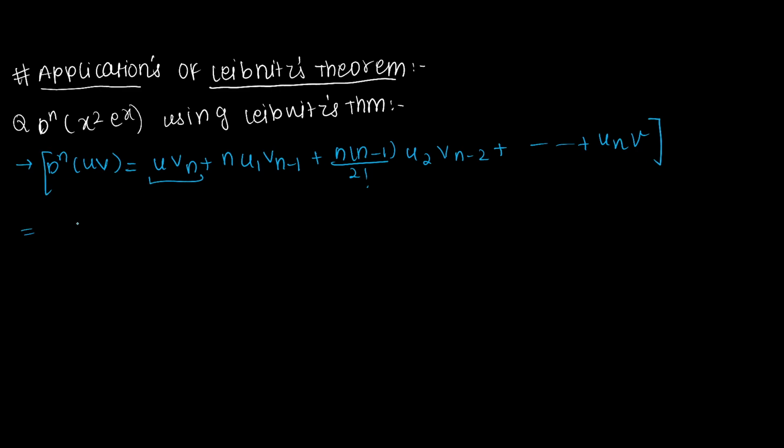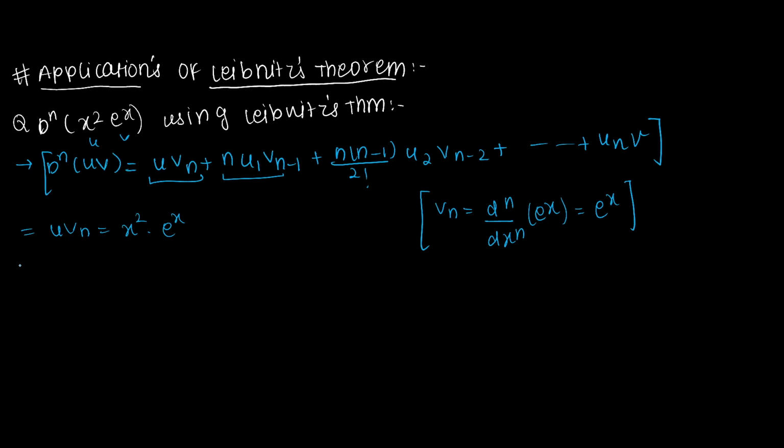Solving this term by term, the very first term is u v_n. Here u is x square, times v_n. v_n is nothing but the nth order derivative of the function e power x, which is e power x. So I'll be writing e power x.